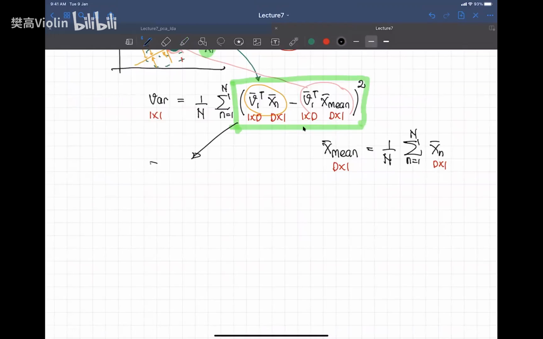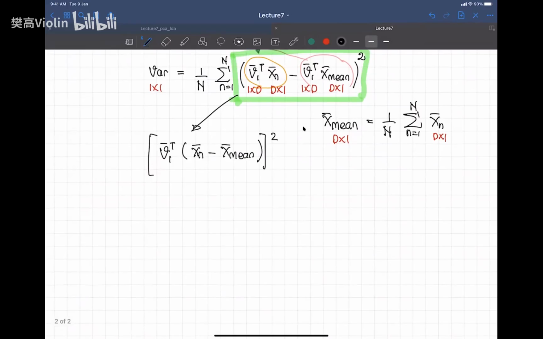This means that we have a transformation, a projection of xn minus x mean. This is the same thing, right? You do the subtraction in the original space, and then do the projection. It's the same thing.